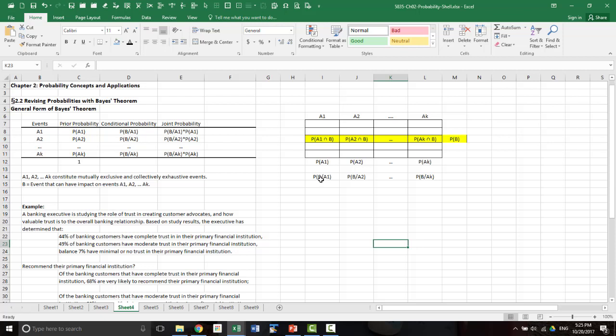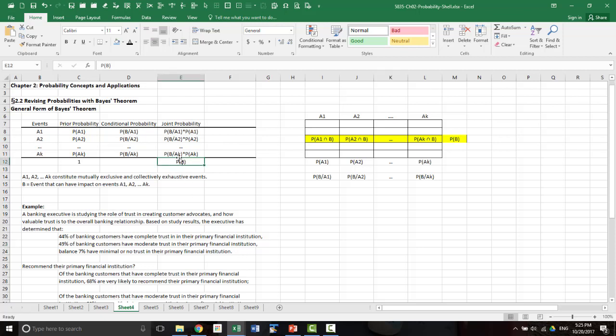We have probability of B given A1, probability of A2, and so on. When you multiply these two, you get that intersection. Now B has intersected with this mutually exclusive, collectively exhaustive set, so you have all possibilities of B. When you add all of this, you get probability of B.